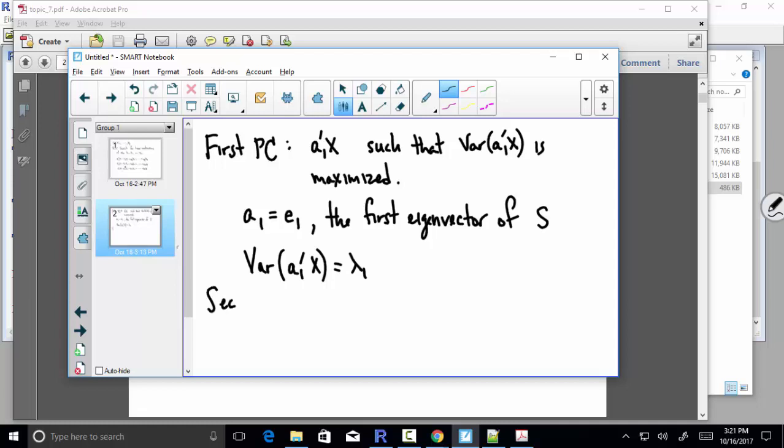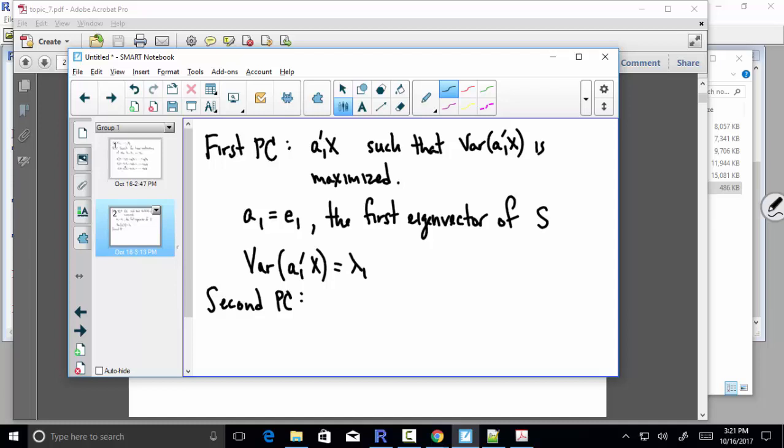Then we go to the second principal component. We found the single best variable. If I were willing to take all p variables and transform them into just a single column, that would be the best way to do it. But generally, we'll need more than one principal component in order to get an adequate representation of the total variability.